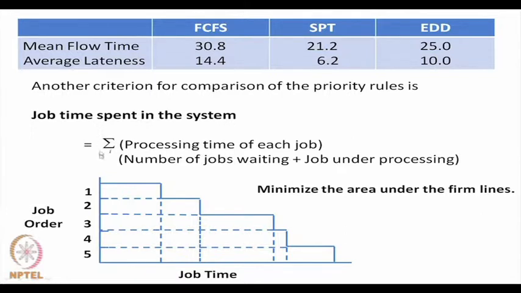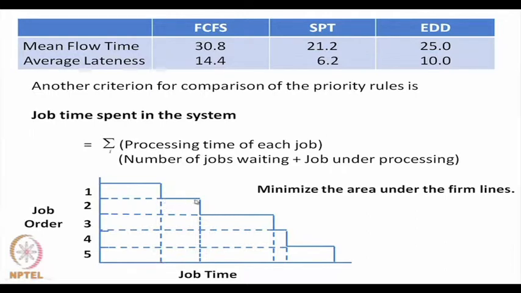That is the criterion: minimize the area under the flow lines. This is the flow line. It is expressed as the summation of the processing time of each job into the number of jobs waiting plus the job under processing. The number of jobs waiting here is 4 plus 1 job being processed. So, 5 jobs multiplied by the processing time of the first job.